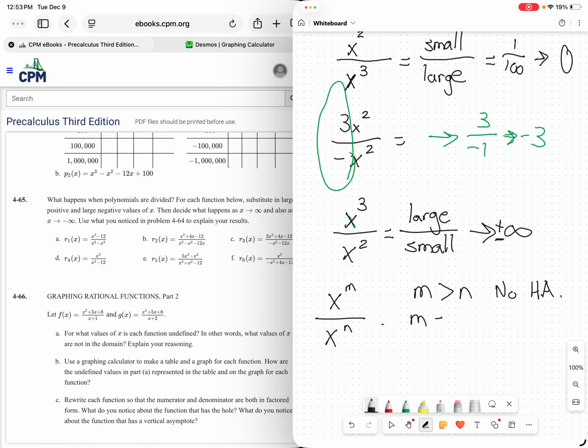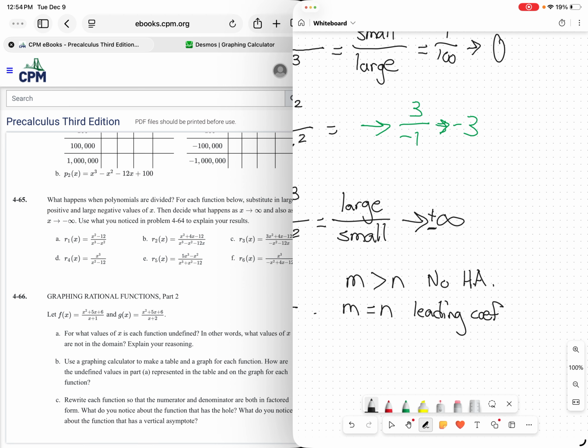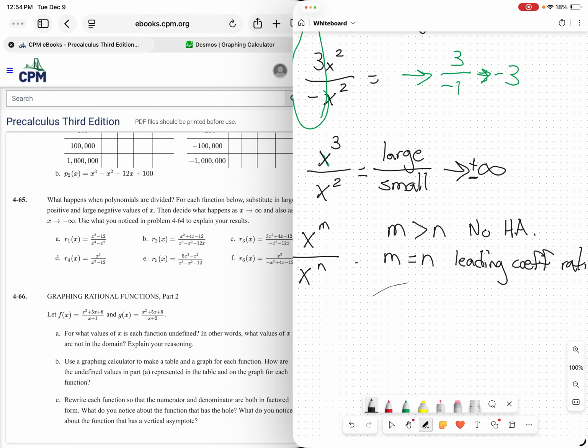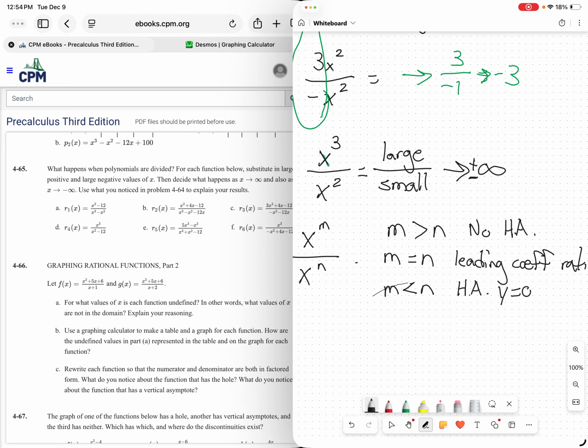If they're the same, then it's the leading coefficient ratio. So that's this example here that we're talking about. And then if m is smaller than n, then our horizontal asymptote is at y equals 0. Okay, we're always approaching that 0. So that's end behavior, but it's also horizontal asymptote rules.